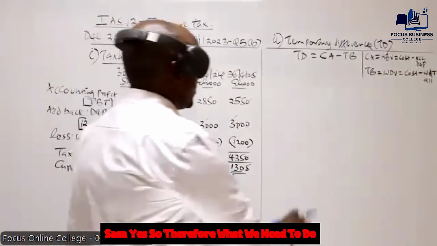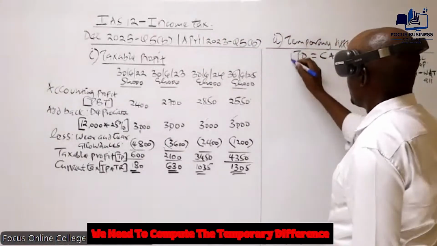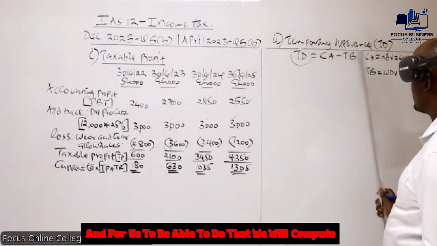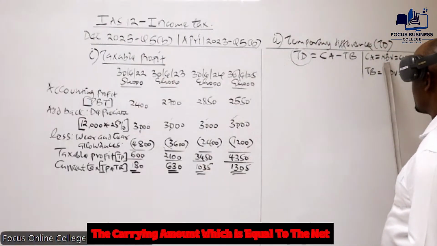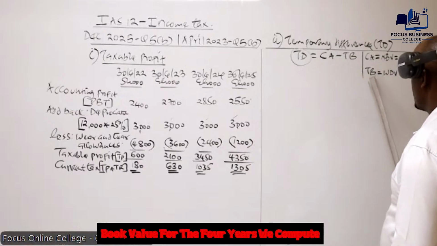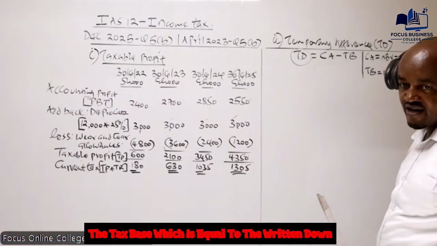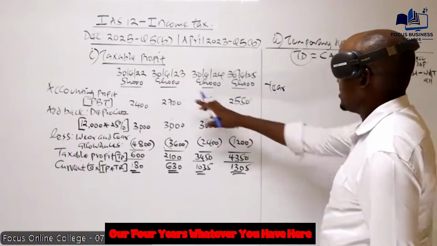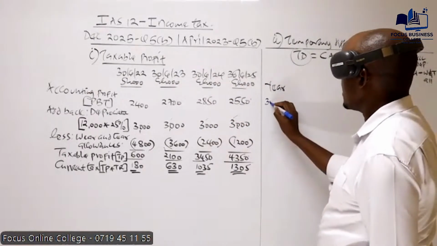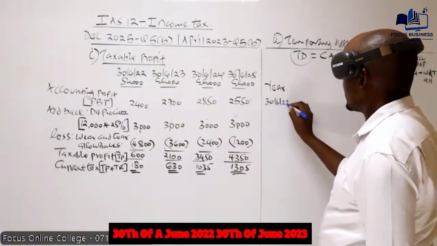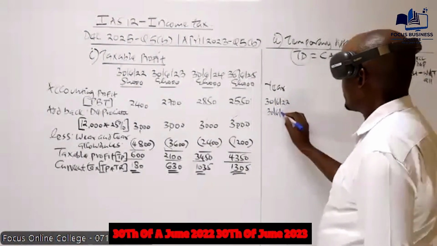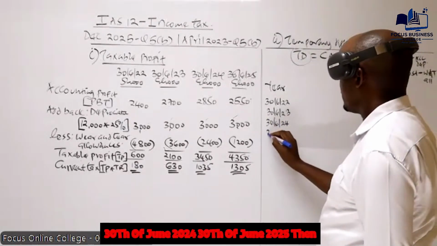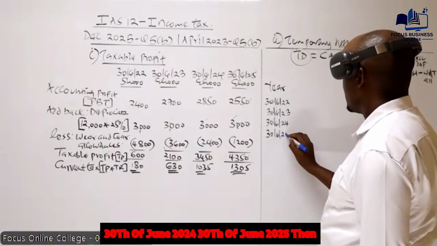Therefore, we need to compute the temporary difference for the 4 years. For us to be able to do that, we compute the carrying amount, which is equal to the net book value, for the 4 years, and the tax base, which is equal to the written down value. So we have our 4 years: 30th of June 2022, 30th of June 2023, 30th of June 2024, 30th of June 2025.